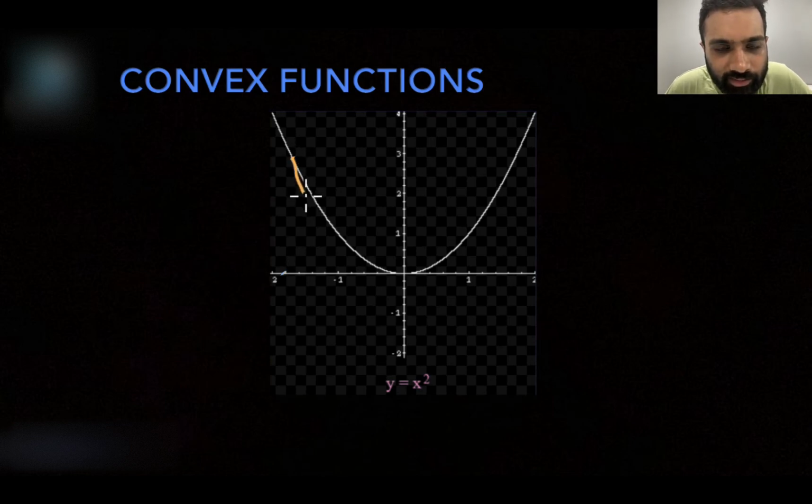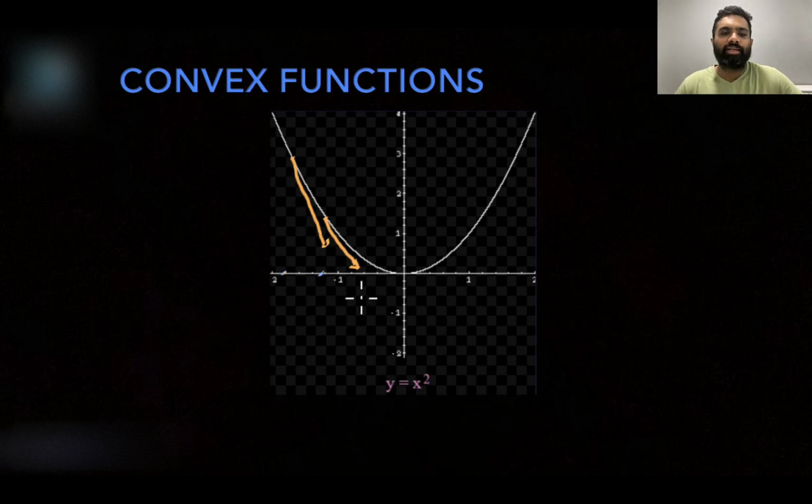It is somewhat negative, but it has a certain value. If I slowly increase x, you will notice that in this particular curve the slope value keeps increasing. It will still be negative, but not that negative. It will be less negative, so it is increasing.